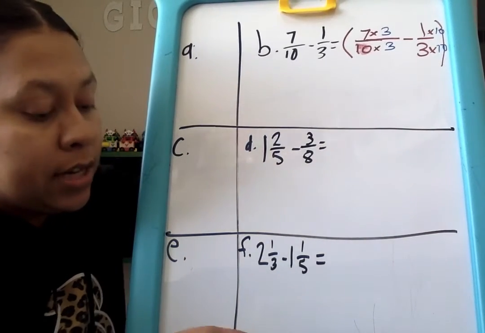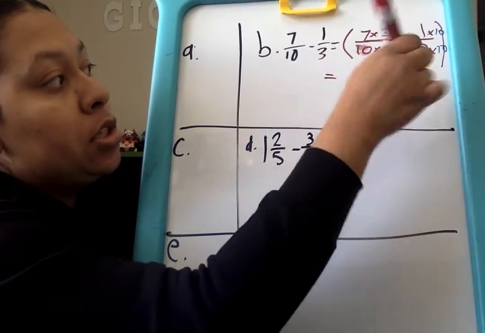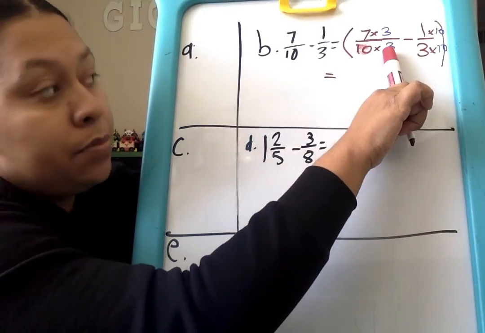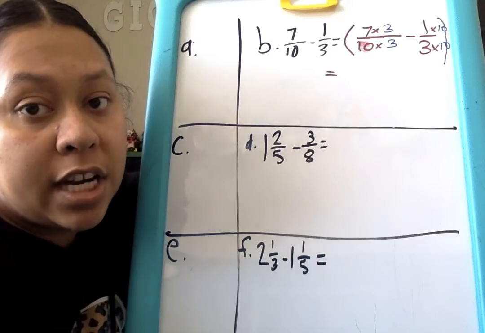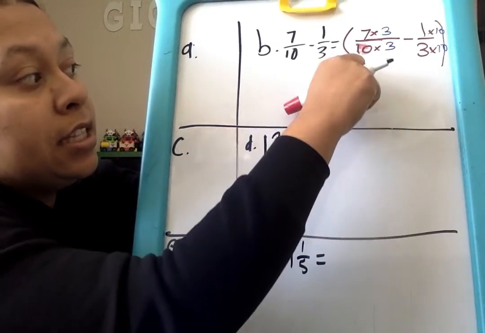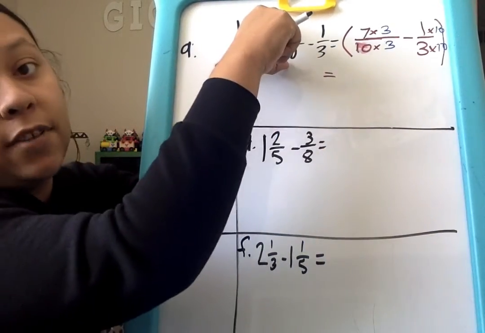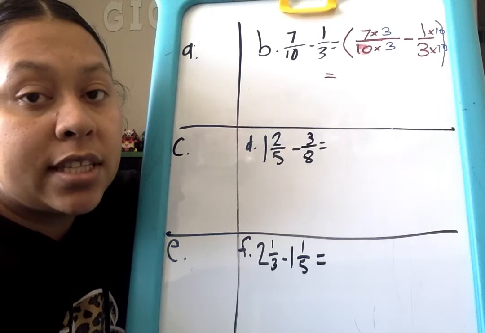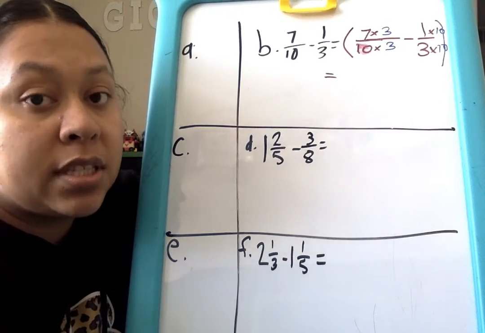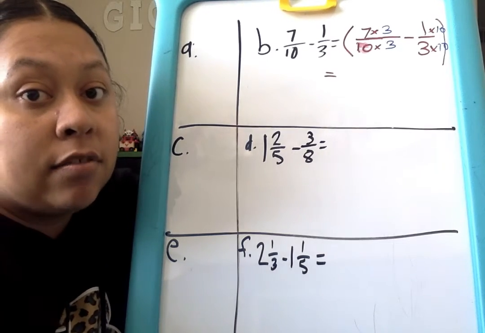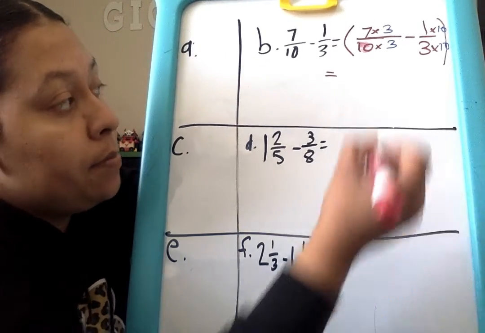Okay? So now our next step is going to be to solve for the multiplication parts and then to make equivalent fractions. Equivalent fraction means that this fraction is the same as this fraction. They're the same size. The only thing that's different is the pieces, the denominators and the numerators, but it's still the same exact size of quantity that it started with, okay?